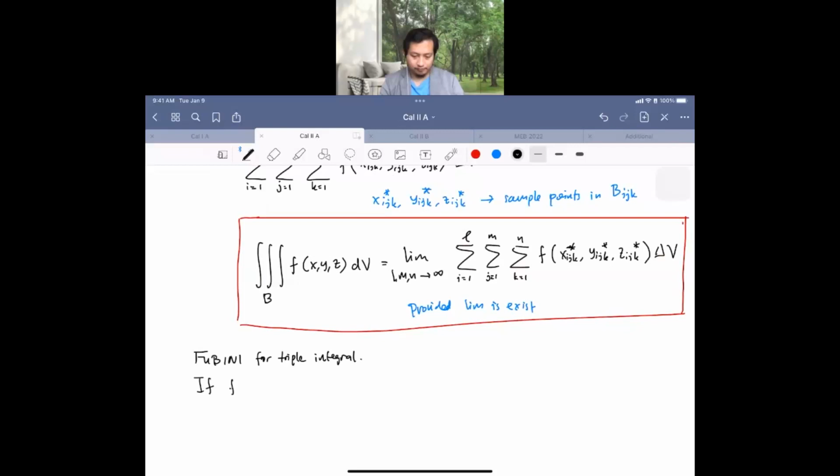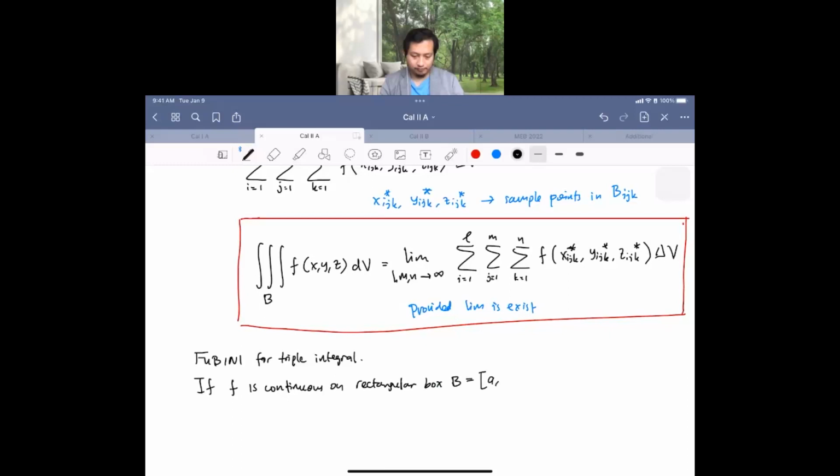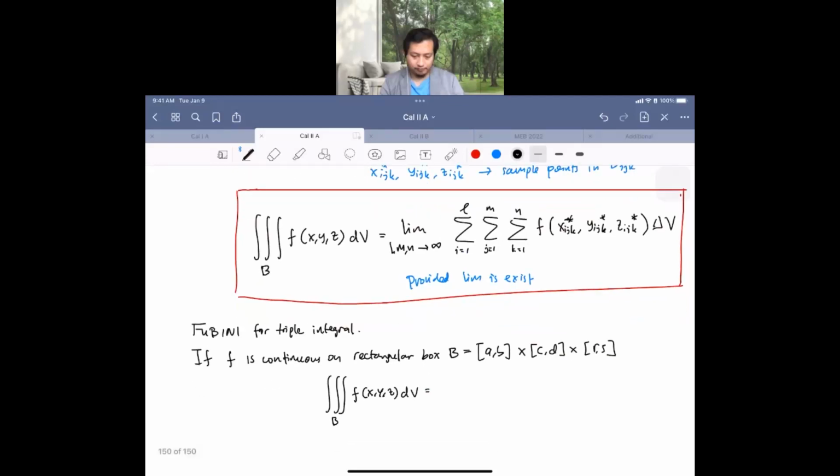If f is continuous on the rectangular box B, which is a to b, c to d, and r to s, we could write down the triple integral.